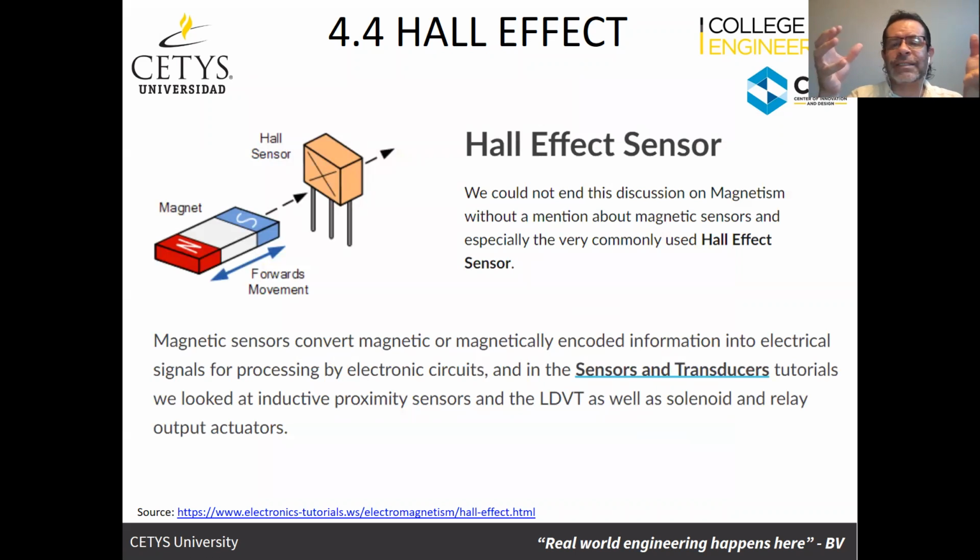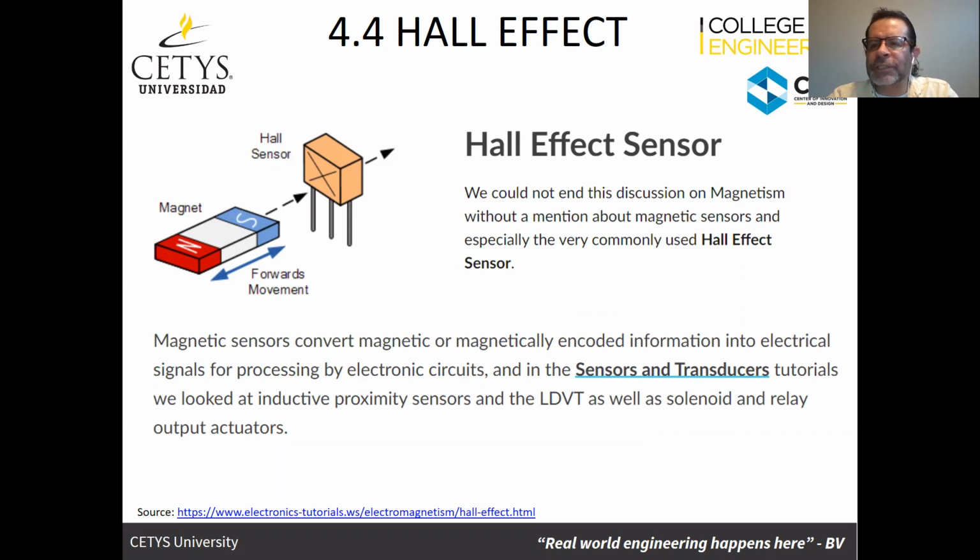So the Hall effect sensor, what is this? Basically, it's an application of the Hall effect where we can take advantage of this principle to be able to measure something. So I'm going to throw around some important concepts in instrumentation theory.